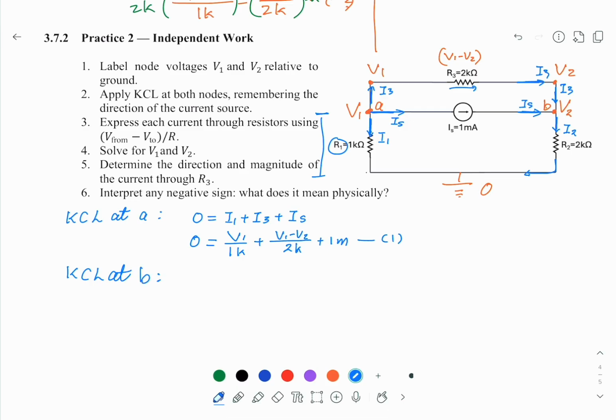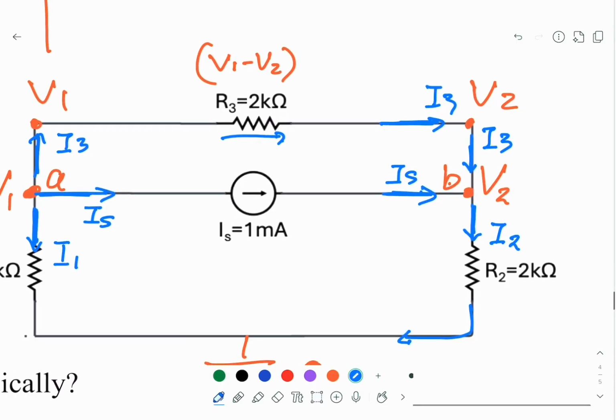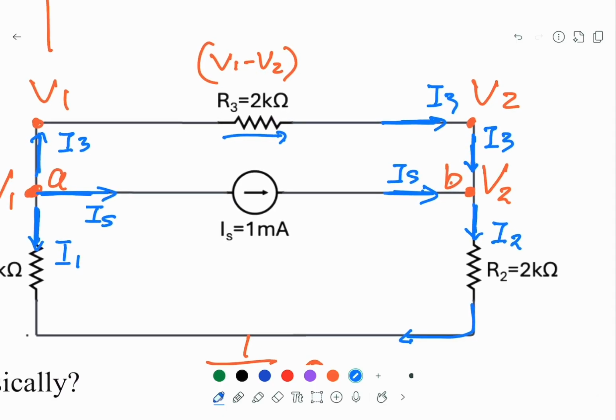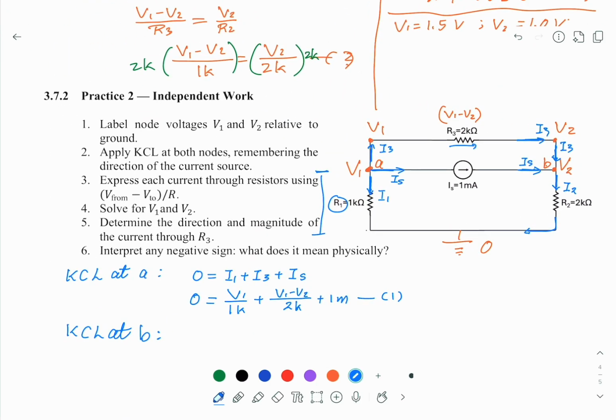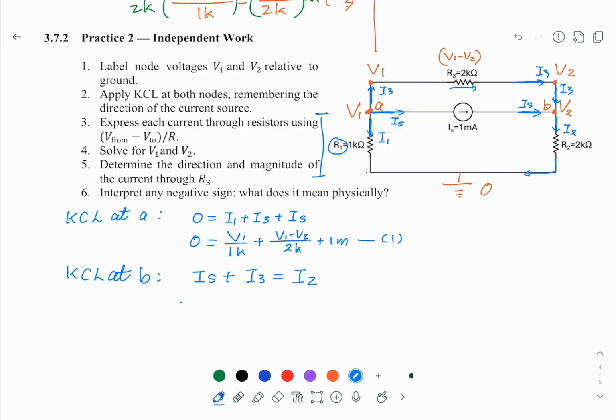Okay, so at B we have 2 in, 1 out. So the in is IS, which is 1M, and I3 here. Now I3 we already assume, and we already know this is V1 minus V2 over 2K.